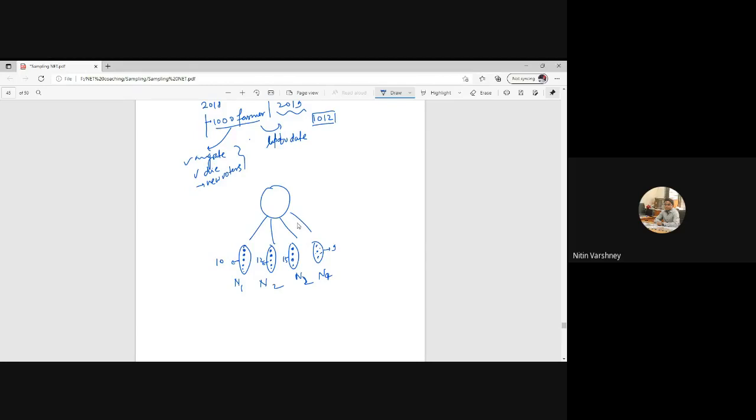But when the sampling frame from each stratum is not known, we don't know that sampling frame.